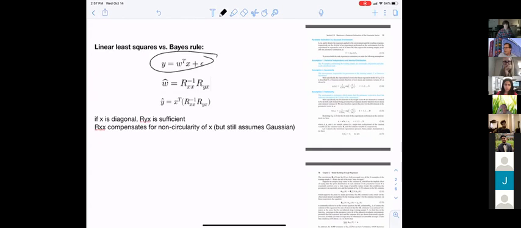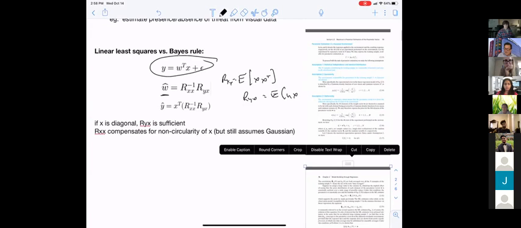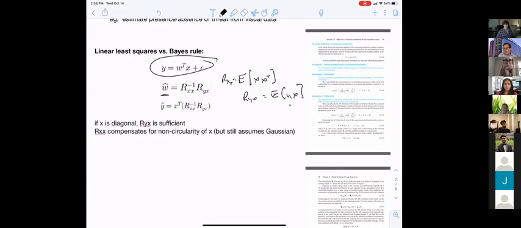And now from last class, we saw that the optimal estimate of W hat is RXX inverse RYX, right? Where RXX is equal to the expected value of XX transpose, and RYX is equal to the expected value of YX. So this is a vector if Y is scalar, and this is a matrix.